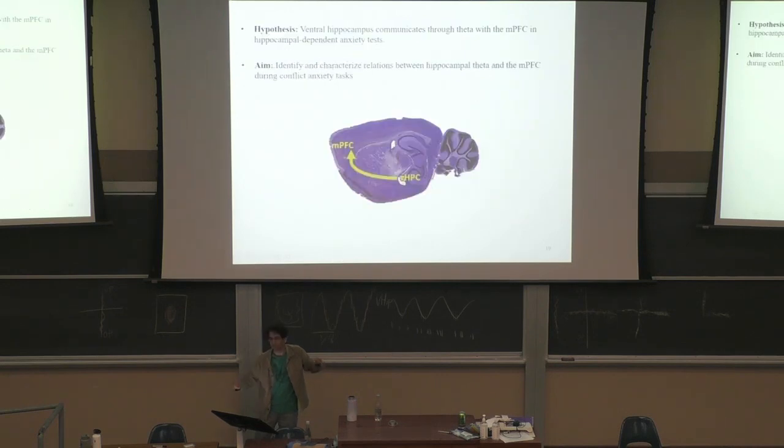This is a very rare case where the projection is just in one direction. So the axons from hippocampus go to prefrontal cortex. The more straightforward interpretation is that the prefrontal cortex is doing the listening and the ventral hippocampus is saying the things. And we were able to find some evidence of that as well, that the activity in one region was lagging behind the other region.